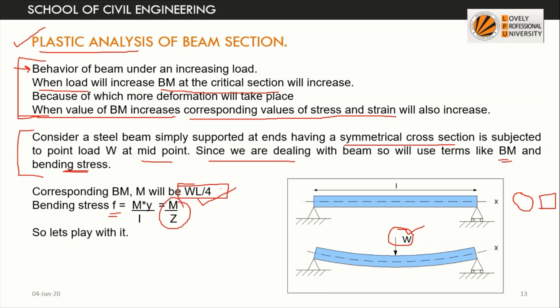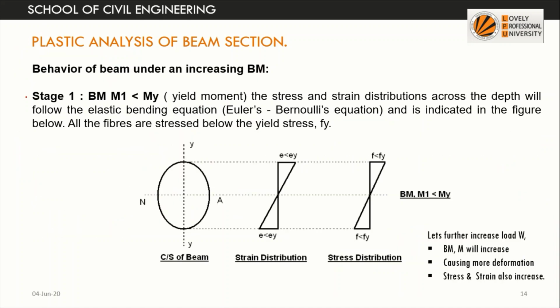Now we'll play with the loads; we'll increase the load, and the corresponding values of bending moment and bending stresses will increase. So let's see, this is stage 1, when the bending moment value is less than the yield moment. The stress strain distribution across the depth follows the elastic bending equation. It is indicated in the figure. All the fibers are stressed below the yield stress.